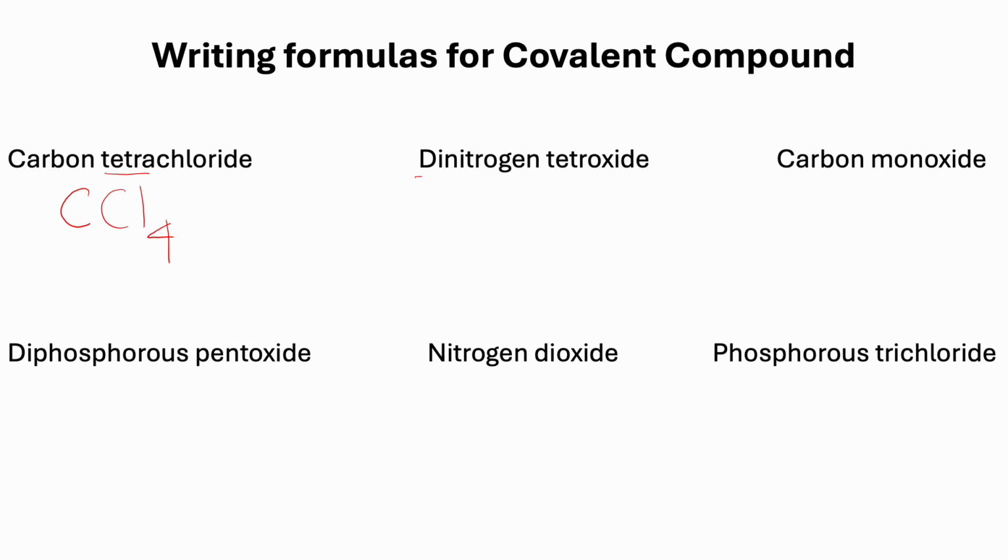The prefix here is di, which tells you there are 2 nitrogens, so you write the symbol for nitrogen and use 2 as the subscript. Tetraoxide, tetra again, for 4 oxides, so N2O4. Carbon monoxide. Carbon, mono is the prefix for number 1, so there is only 1 oxide, CO is carbon monoxide.